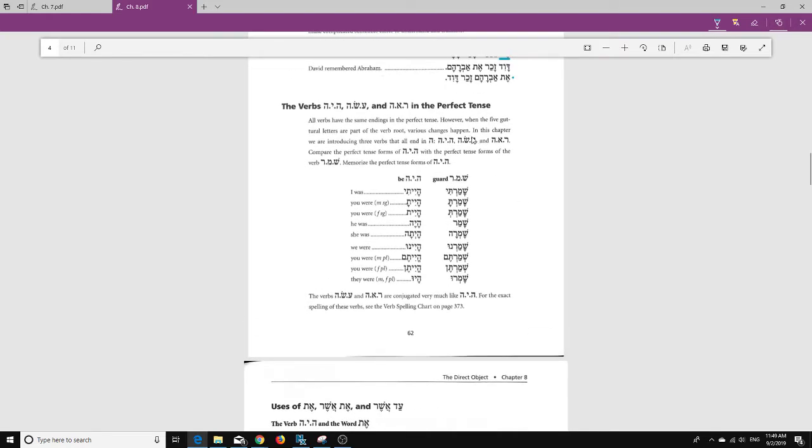Okay, so in chapter 7, we went over the perfect tense. We alluded to the five gutturals making changes happen. Some of the verbs introduced in chapter 8 end with a hey, one of those gutturals. Specifically in this example, these three words have a slight change to the pattern, and it's because hey is a weak letter.